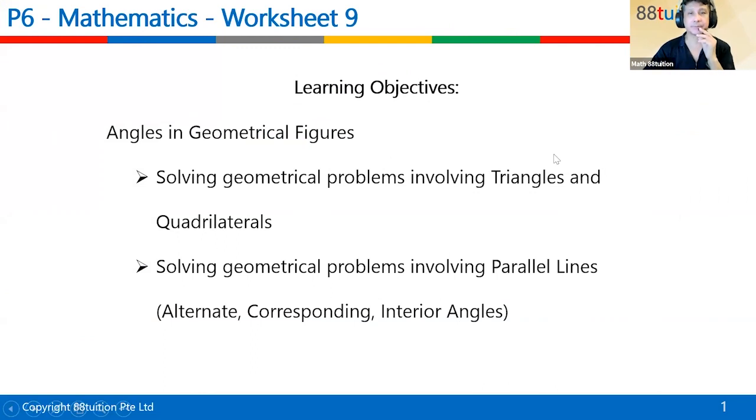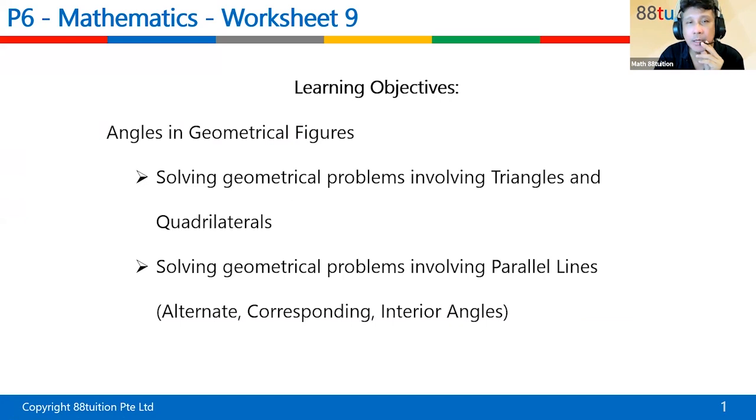All right. So you can see what we have here is today's learning objectives. Today we are doing geometry. So basically we are talking about all the angles, and I hope you all can remember, because I know that at primary 5 you would have learned this towards the end of the year.